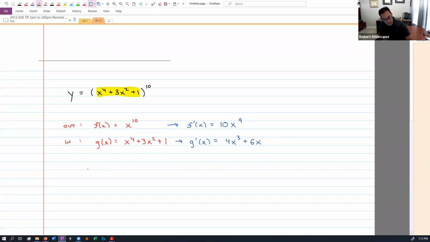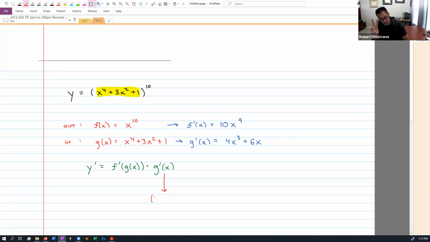Now I find my derivative by doing f prime evaluated at g times the derivative of g. So that's our chain rule. I already told you the easier part is this part. So g prime of x for us is just this, right? This right here. So I'm just going to write that down. Now be careful.